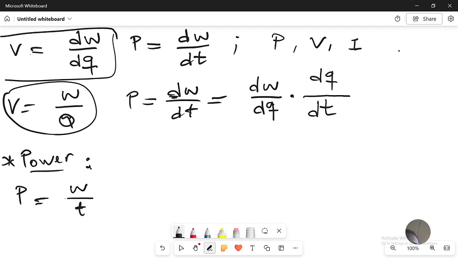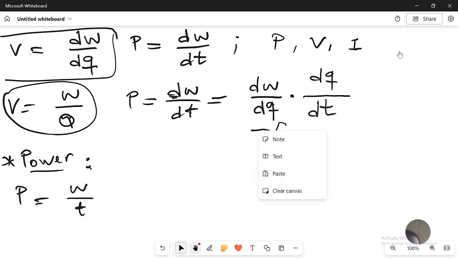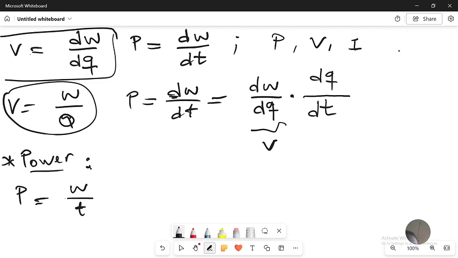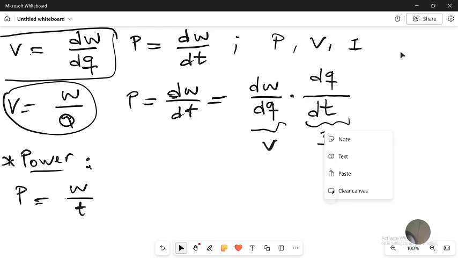If we remember the previous one, this one is the voltage: the voltage is the derivative of energy with respect to charge. In the previous lesson, we saw that the derivative of charge with respect to time equals current.